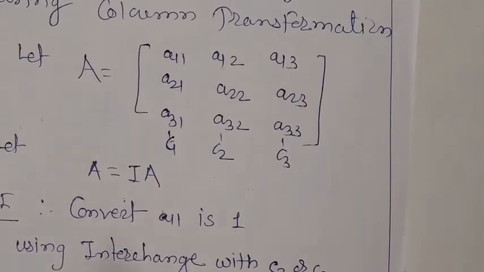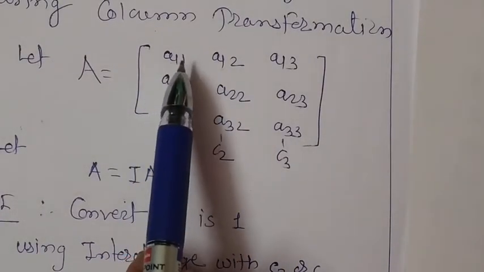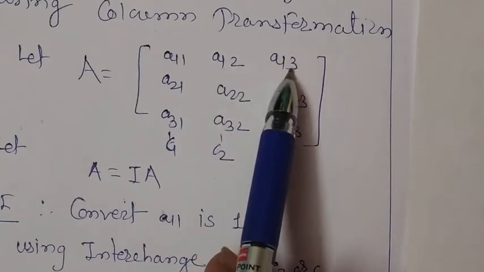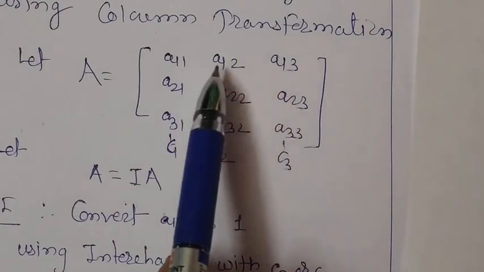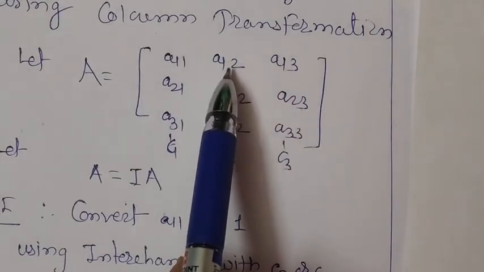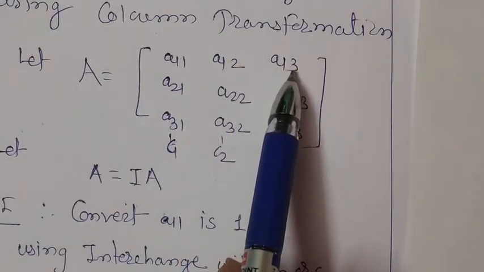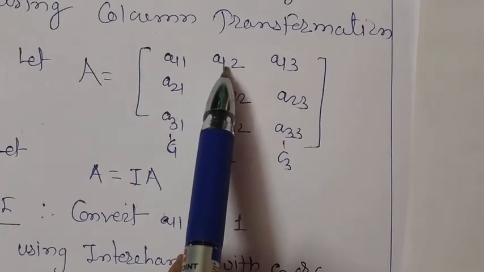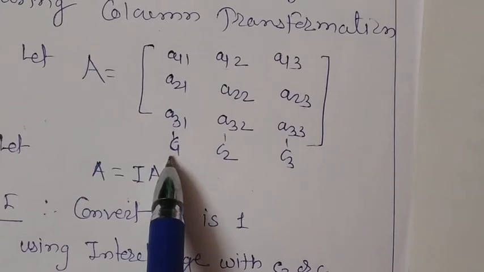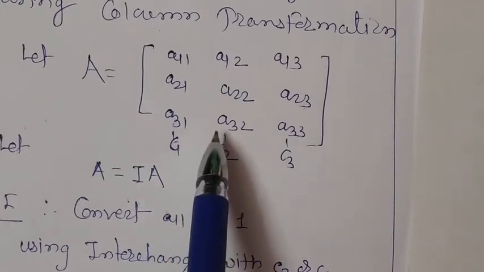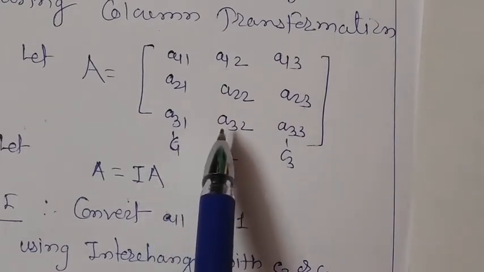Now after that, if A11 is 1, then you have to make A12 and A13 become 0 using C1. It is a very simple step: subtract the same number, then C2 minus A12 times C1. If you subtract the same number from the same number, you get 0.